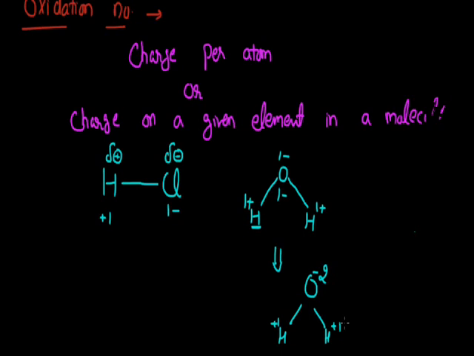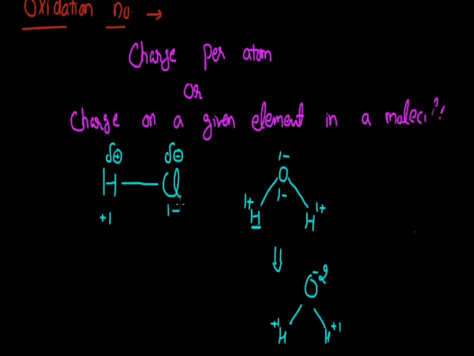So now if I am to define the oxidation state, here we can see that this is an imaginary charge. The hydrogen atom does not really have a +1 charge on it, it's an imaginary charge. What I have calculated is based on the fact that this hydrogen atom is connected with a more electronegative atom.